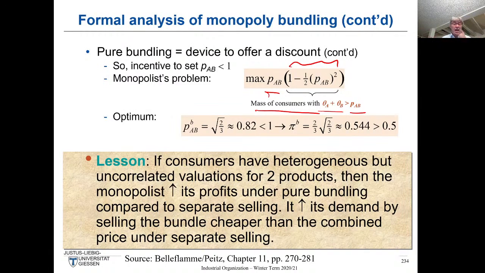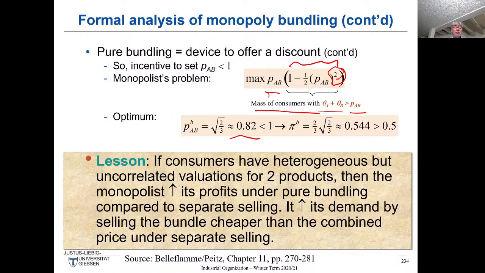As always, we have a demand function, and therefore we have a profit function. And what we can do is take the derivative with respect to the price and solve for the optimal price. I don't do it right here. You will get something which is cubic, so that's why you get a square root here. And actually, your price is square root of 2/3, and this is about 0.82.